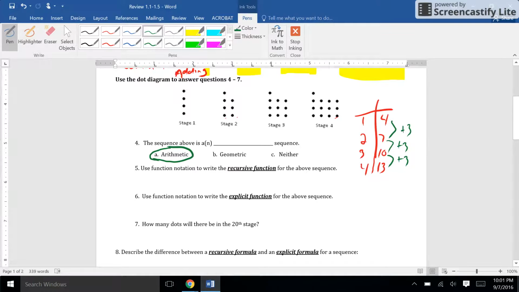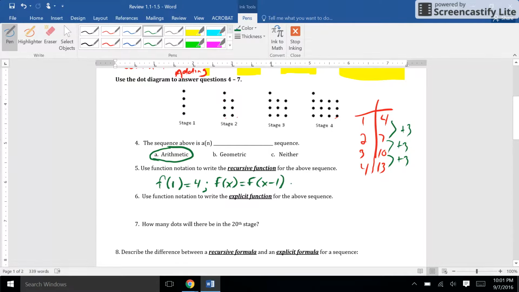Use function notation to write a recursive function for the above sequence. So I'm going to write my recursive. I would say f of 1 equals 4, semicolon, f of x equals f of x minus 1 plus 3.